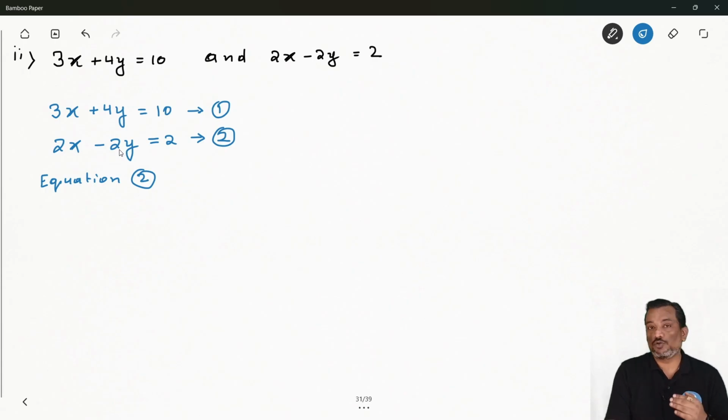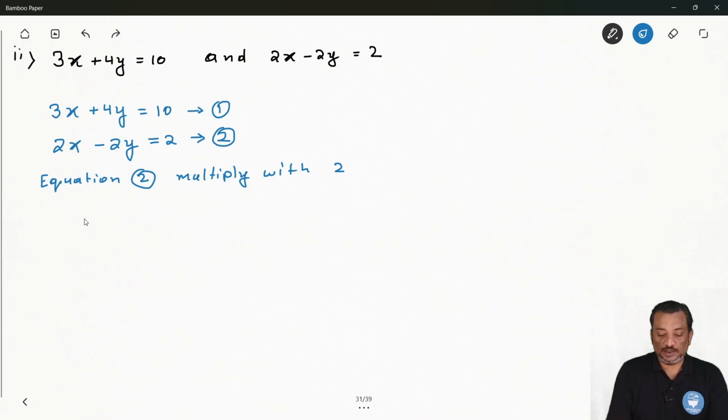So to make the coefficients equal, the whole equation 2 is multiplied with 2. So we can say equation 2 multiply with 2. Okay, as we did in the last question, similarly here we will multiply the whole equation by 2, so that our y coefficient becomes the same.